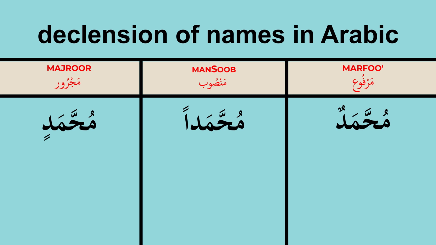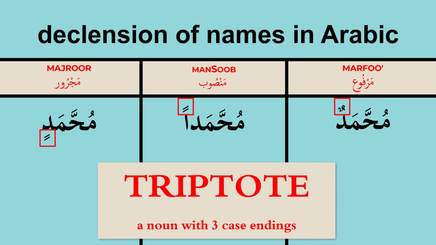If the noun declines completely in three cases, which are marfu, mansub, and majroor, properly, dun, dan, din, then we say it is triptote. Muhammadun, Muhammadan, Muhammadin. Complete declension. Marfu, mansub, majroor, proper dhamma, fatha, and kasra.